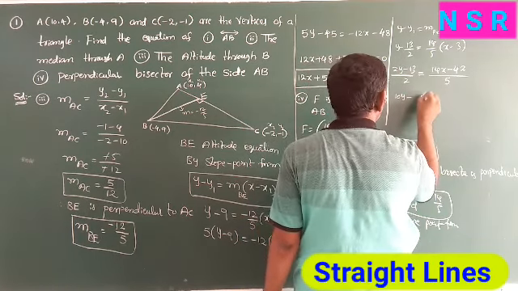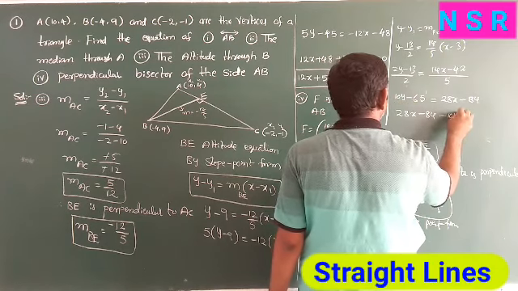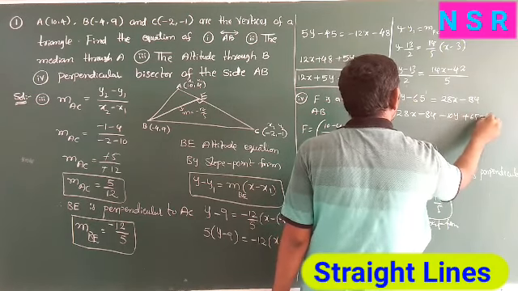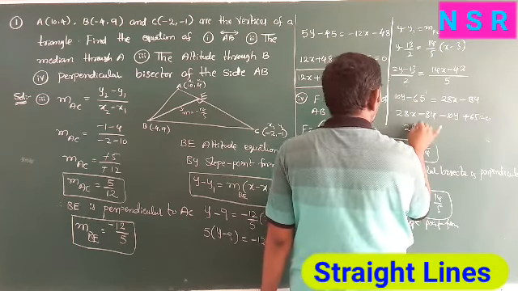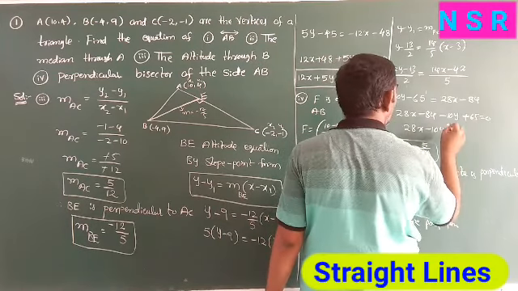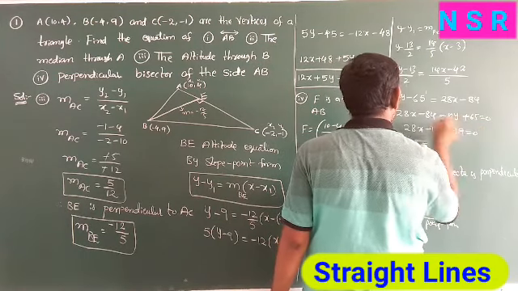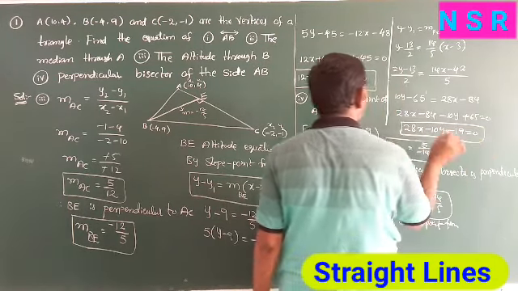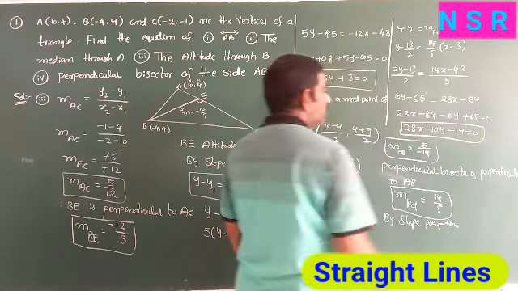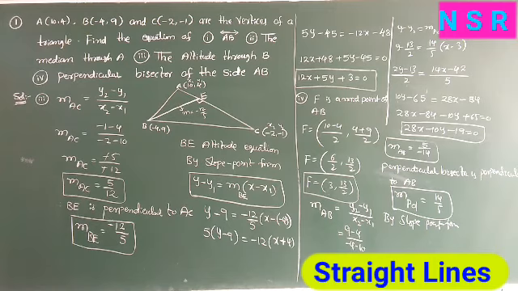Move this side: 28x minus 84, 10y becomes minus 10y plus 65 equals 0. So 28x minus 10y, minus 84 plus 65 equals 0, that is minus 19 equals 0. So this is the perpendicular bisector equation.